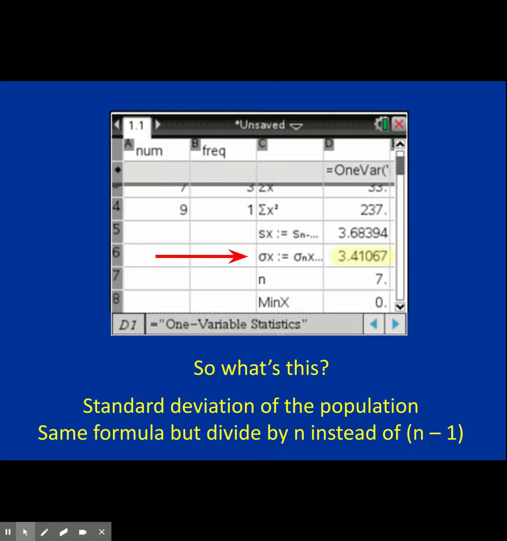Because in statistics, we mostly are dealing with samples. That sigma there is for the population, which is a parameter. There's a reason this class is called statistics and not parameters. Parameters are very, very difficult to calculate because you have to get data from the entire population.